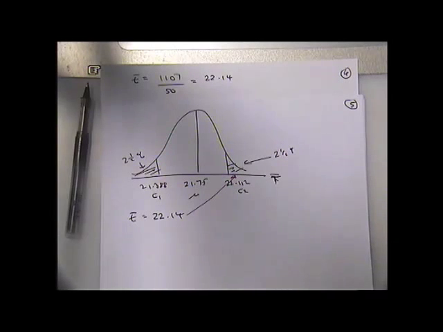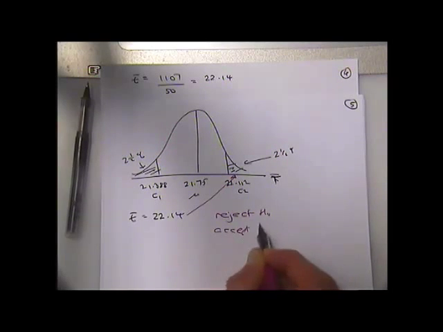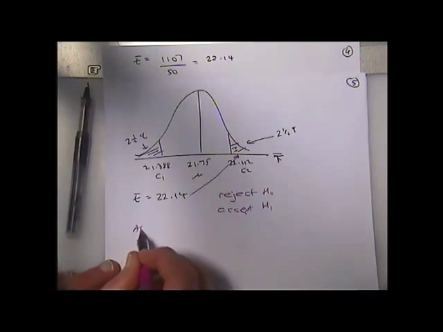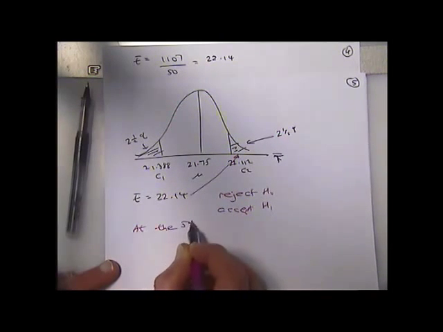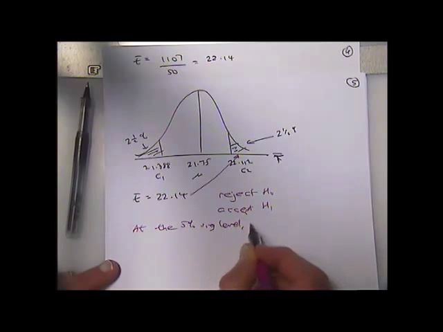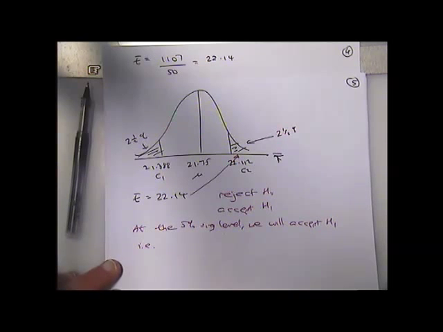So it's in a tail. If it's in a tail, we will reject H0, which means we have no option but to accept H1, and then write a wordy conclusion. So we would say at the 5% significance level, we will accept H1, i.e. if we go back to what we said H1 was, that the mean has changed.